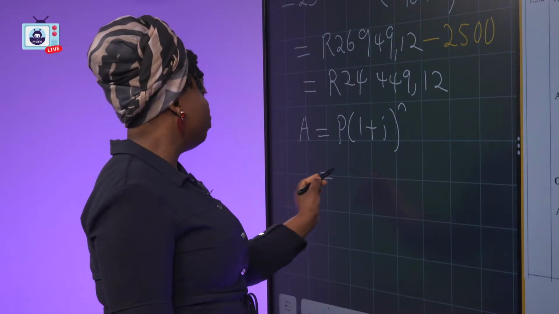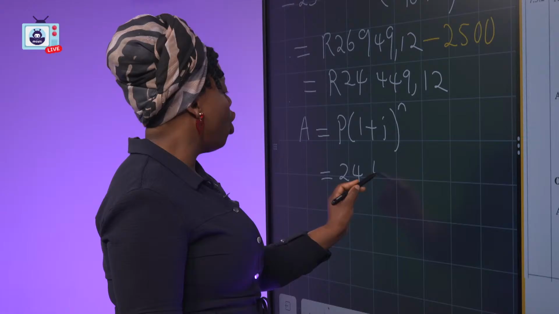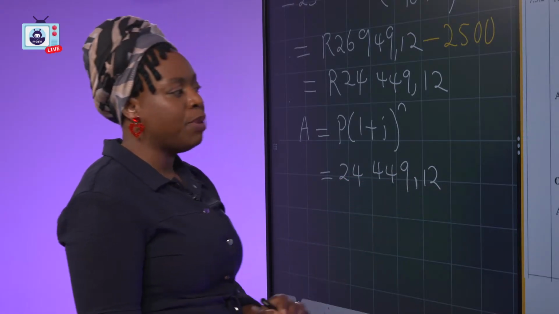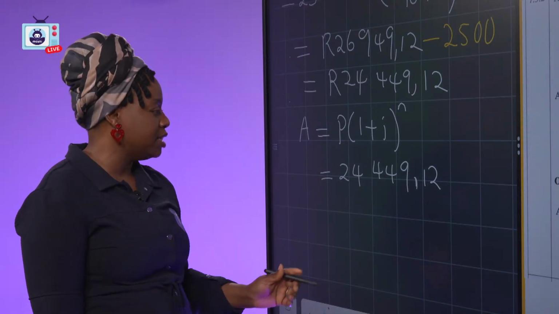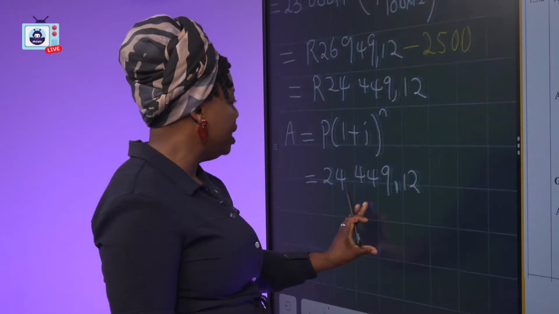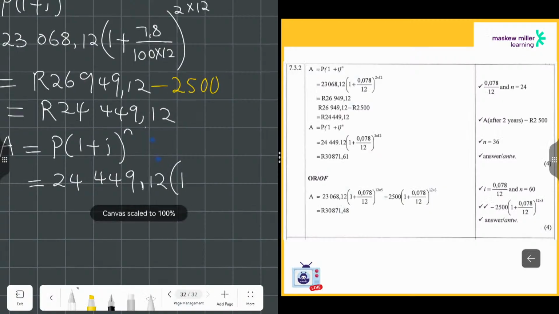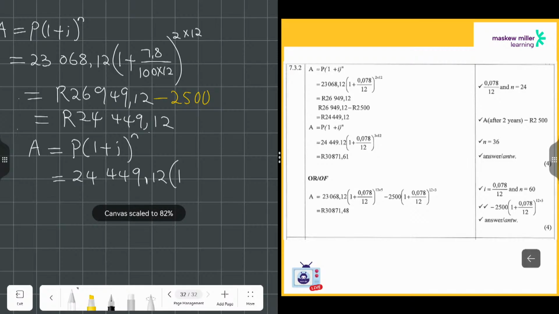It's now going to be 24,449.12. So that is what happens with compound interest. Now that is going to be our P, and then we substitute the value of i and also n. Just remember that here our n is 3, but because it's compounded monthly, we're going to multiply it by 12.